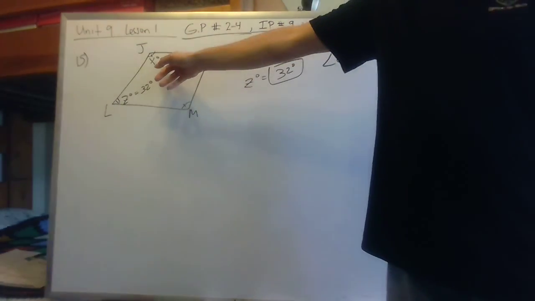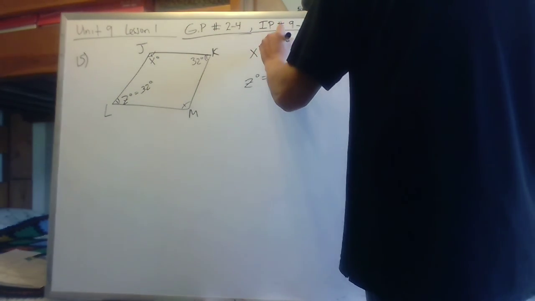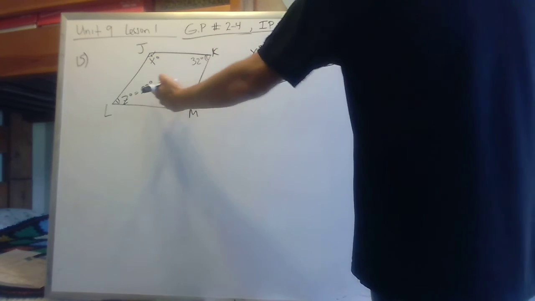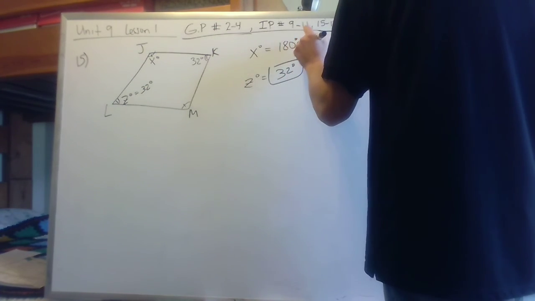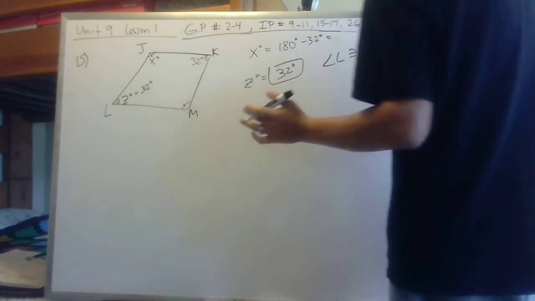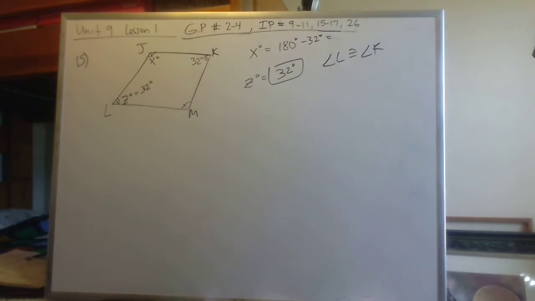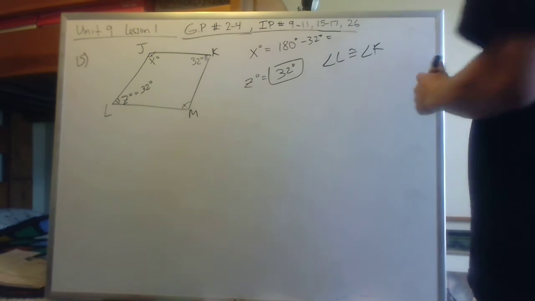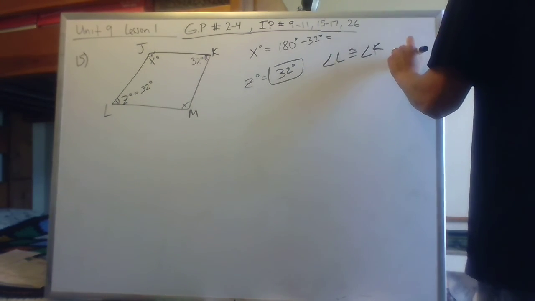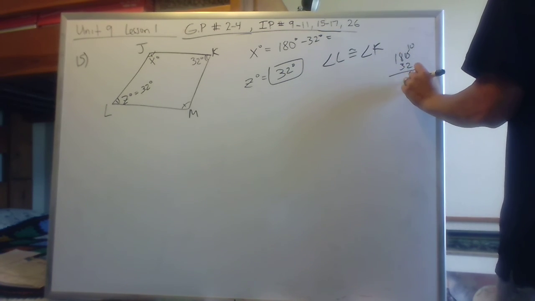And now we could find angle X. Angle X is just going to be 180 degrees minus 32, because angle L plus angle J is going to equal 180 degrees. So doing the math, 180 minus 32, 10 minus 2 is 8.